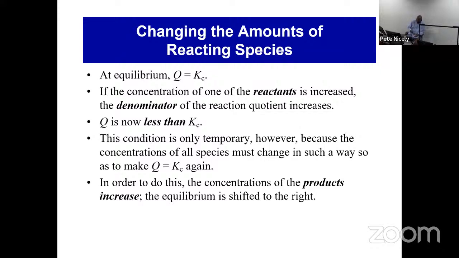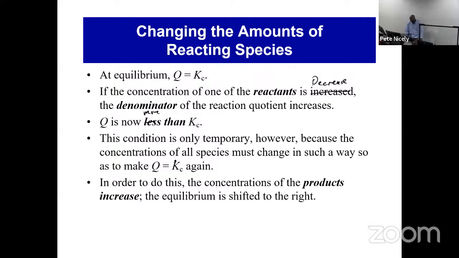And if you understand this, then you can understand what happens if the concentration of the reactant is decreased. So let's say you decrease the concentration of reactants. What that means now is that QC will be more than KC, right?